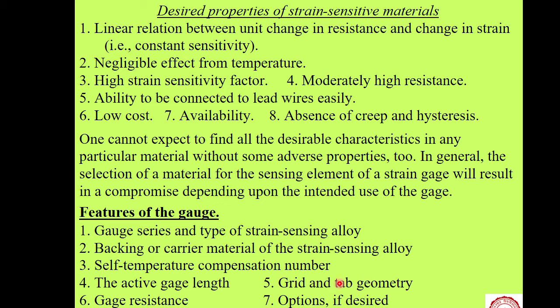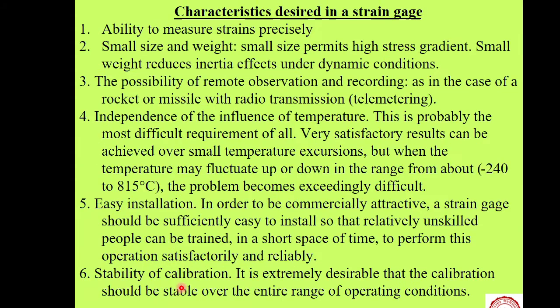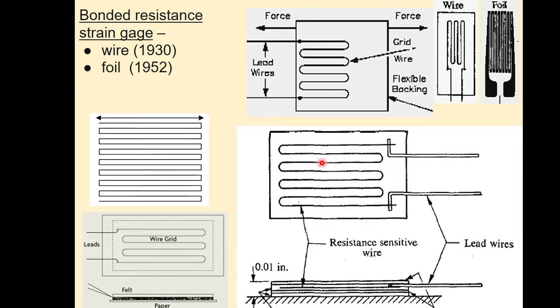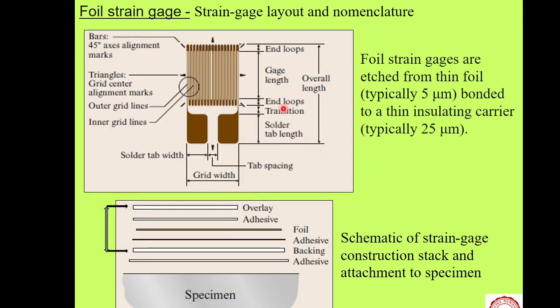Now, why is active gauge length also an important parameter? A strain gauge actually measures strain over a certain area, but this is specified as the strain at a point.